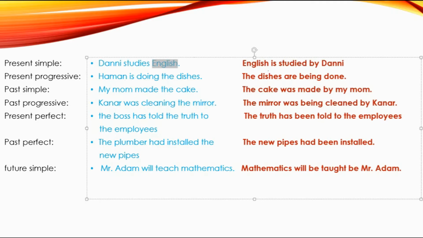So it changes to the subject here. And Danny is my subject here. It changes to object in my passive voice. So how do I change that? So subject, verb s or es, if you remember, plus the object.